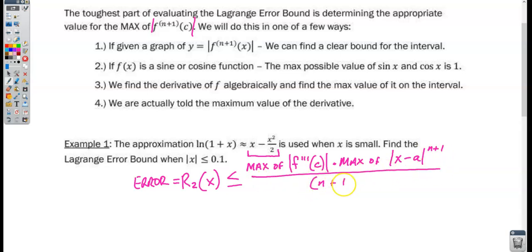Oops, I could have filled in more information here. We know that we're looking for the error bound for the second degree polynomial, so I can replace this n plus 1 up here with a 2 plus 1, which is 3, and I can replace the n plus 1 in my denominator also with a 3.